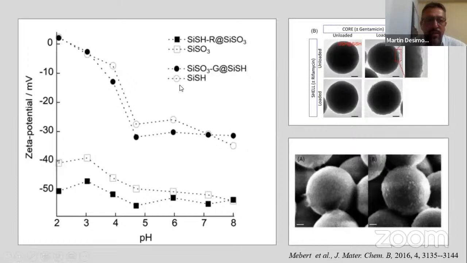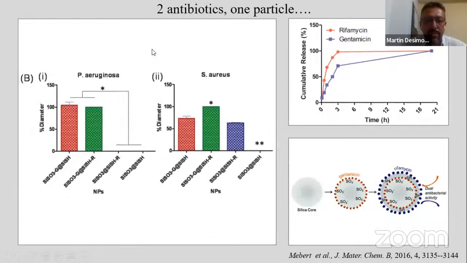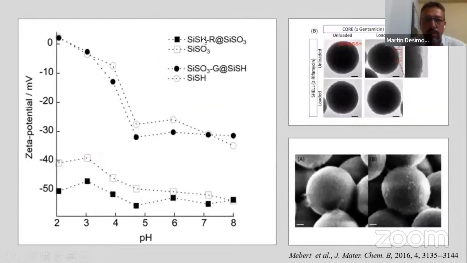The interesting thing about these core shell particles is that their behavior strongly depends on the properties of the surface group present on the nanoparticles. For example, those core shell particles that have a thiol group in the core and a sulfonate group on the surface possess a similar behavior to those nanoparticles with only a sulfonate group on the surface.